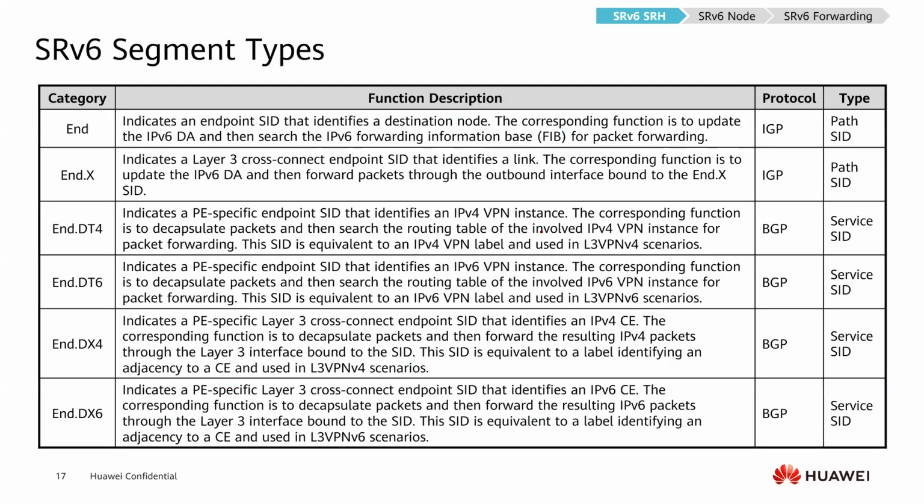Okay, for SRv6 segments, we have many types. These are just some commonly used segment types, but we have many others. Let's look at those very commonly used segments. First is End. End indicates the endpoint SID. This endpoint SID you can consider the same as the node SID. In SR MPLS, we know the node SID indicates the device itself.